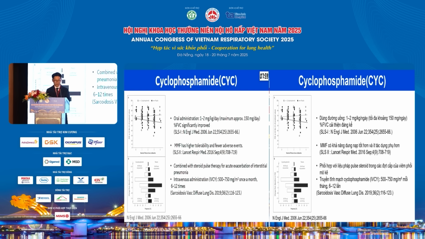But given the rapidly fibrosing process of systemic sclerosis, cyclophosphamide intravenous administration is also used. If using cyclophosphamide, an intravenous dose of 500 to 750 milligrams per square meter once a month is recommended.